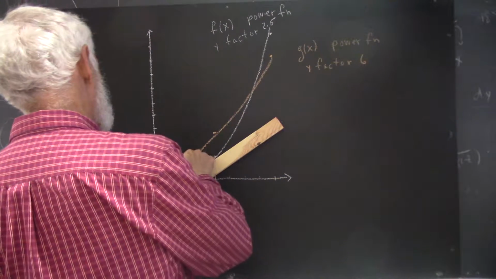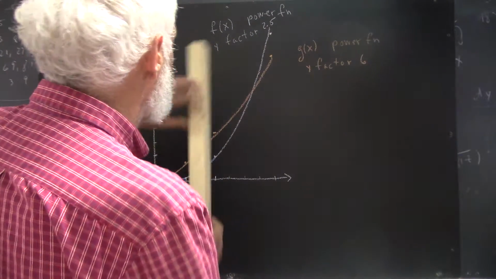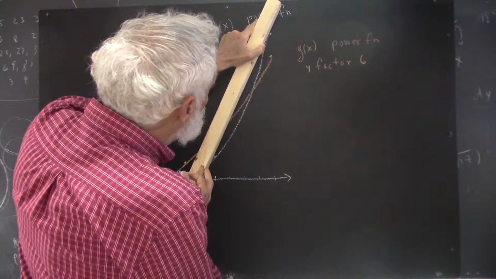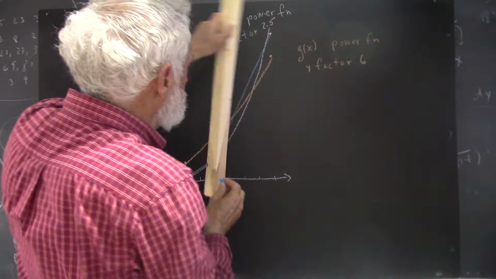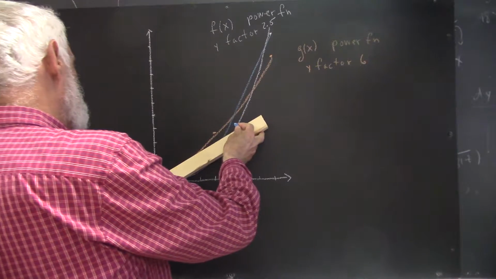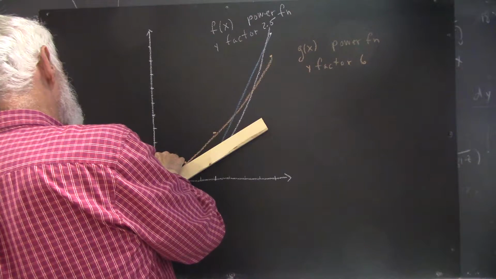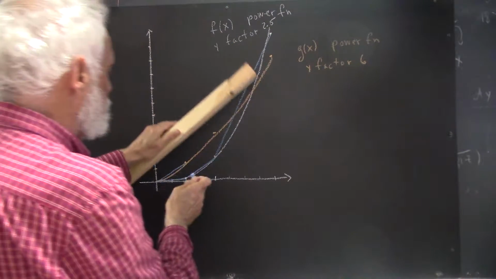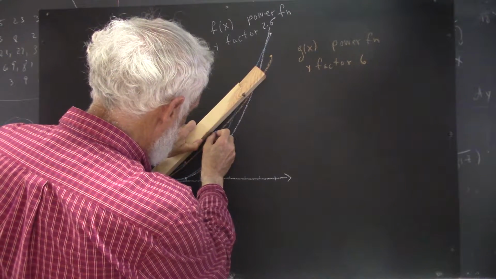I can sketch a line segment between the next 2 points, and between the last 2 points. Then I can sketch similar line segments for the pairs of points on the factor 6 graph.